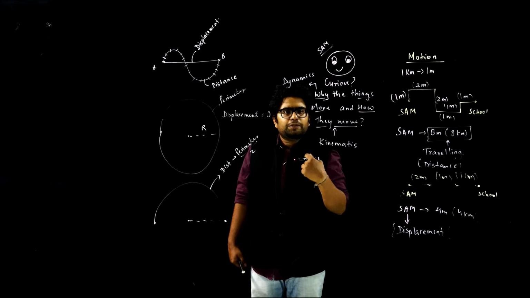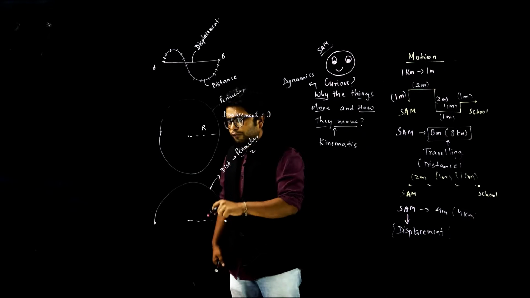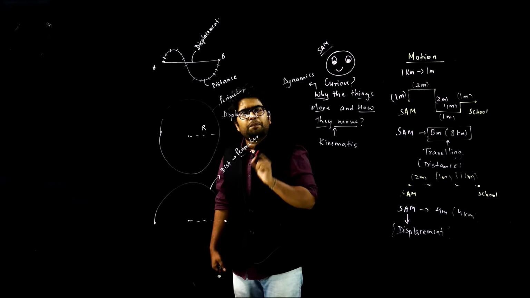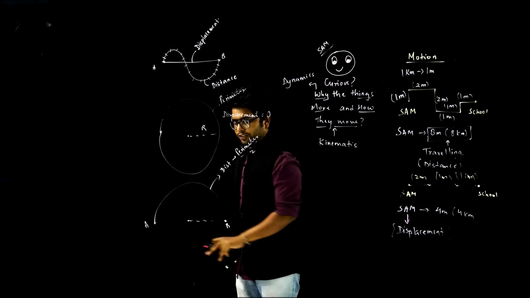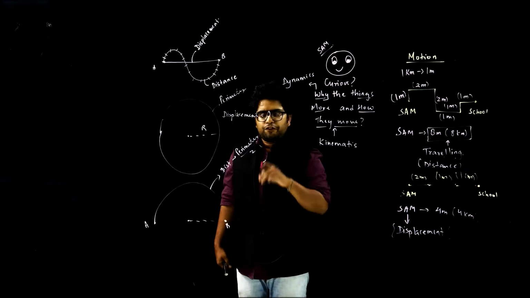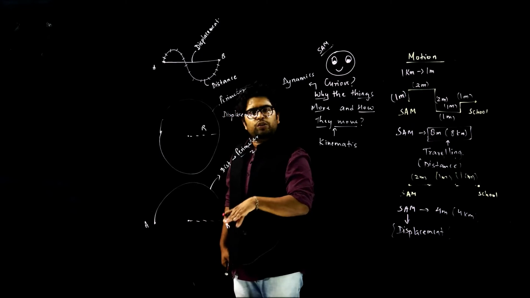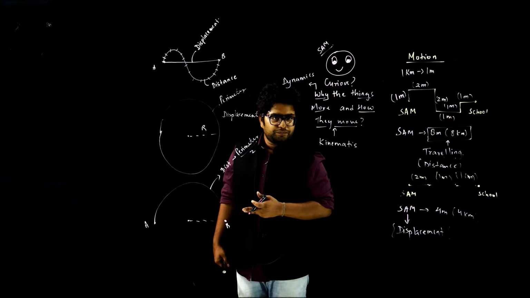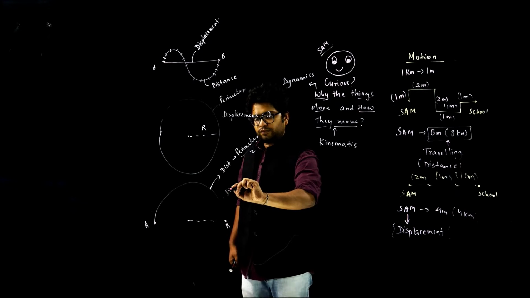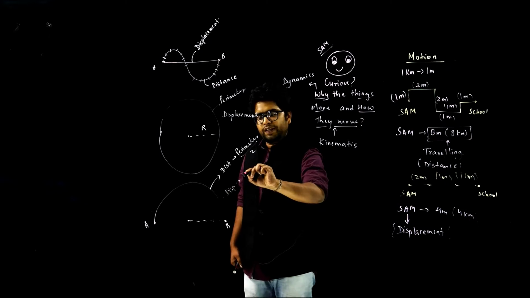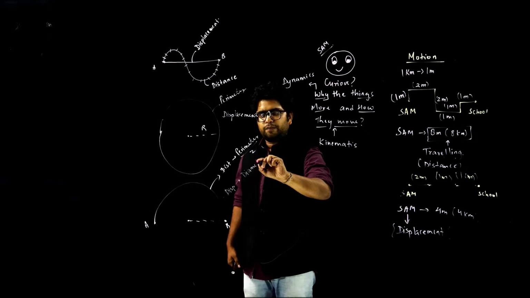But if I ask you about displacement, then first of all I need to identify the straight line path between point A and point P, which is this distance. We all know it's a combination of two radii and we call it the diameter. So displacement in this case will be the diameter of the circle.